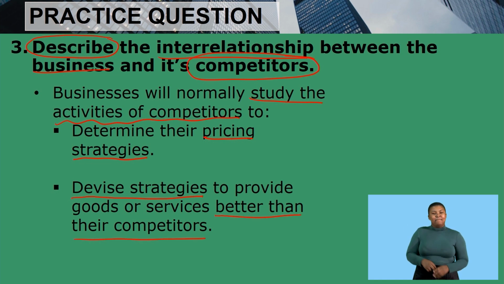Remember, we always want to gain a competitive advantage, where we have a product or a price that is better than our competitors. So that is the business's relationship with the competitors, where we want to know what they are doing so we can have a strategy to stay competitive.